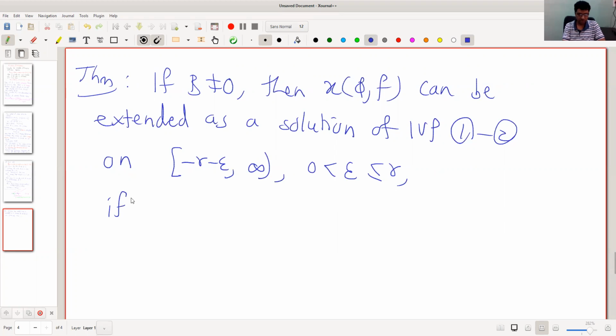This is possible if and only if phi is C1 on the closed interval minus epsilon to 0, and one more condition is usual, that is the derivative of phi at 0.